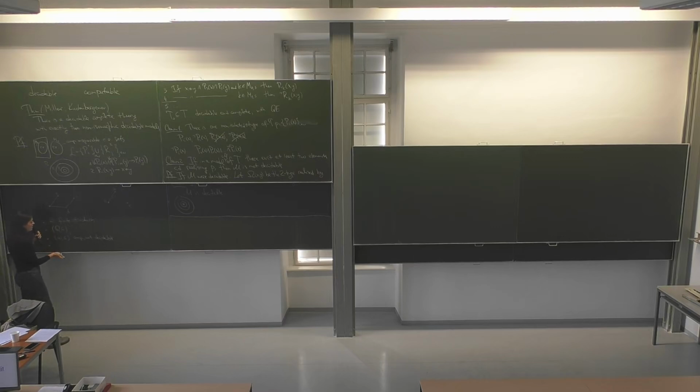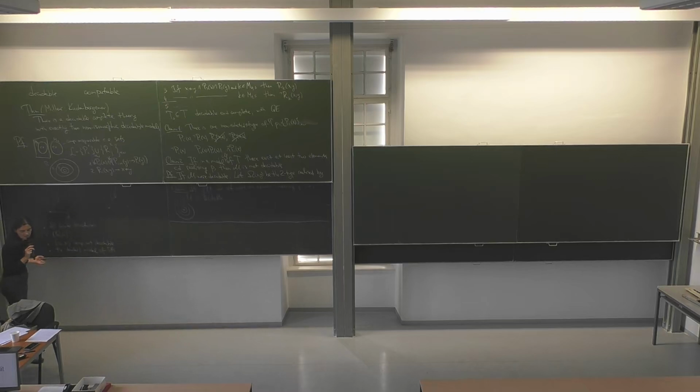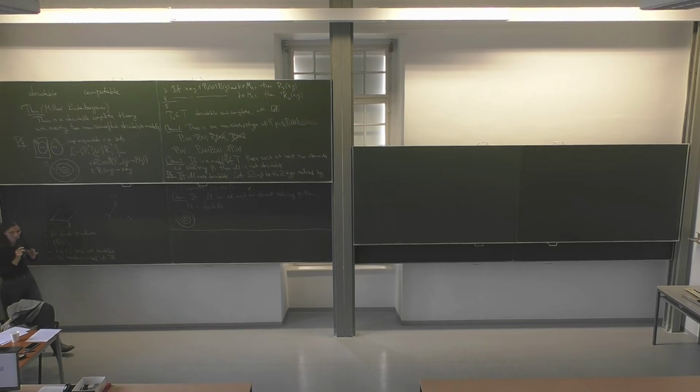What else? The standard model of Peano arithmetic is as well here. Okay, and I will also show you that the non-standard models are not computable. This is what we will also do.